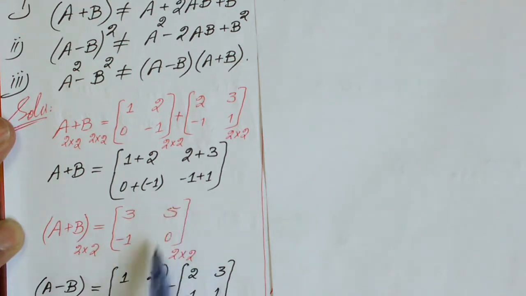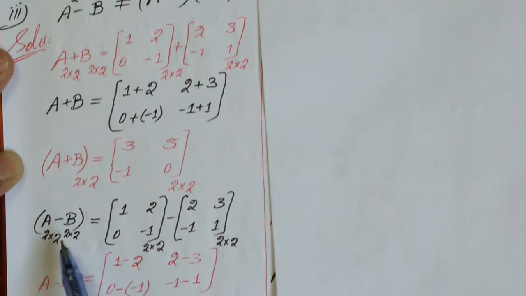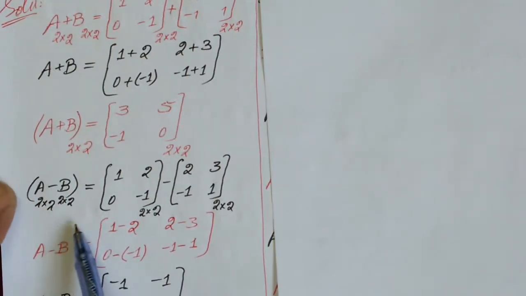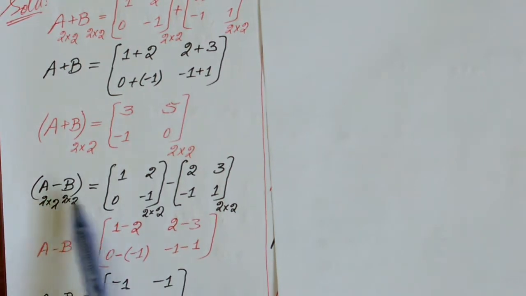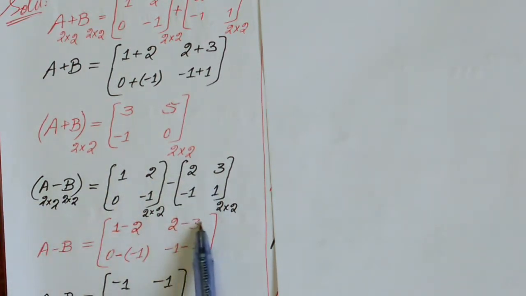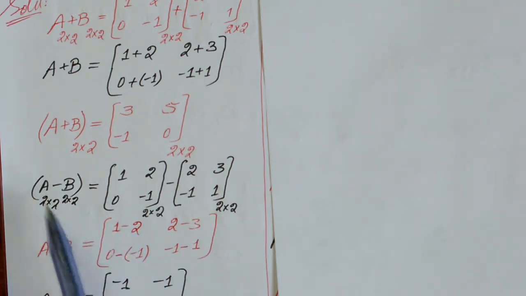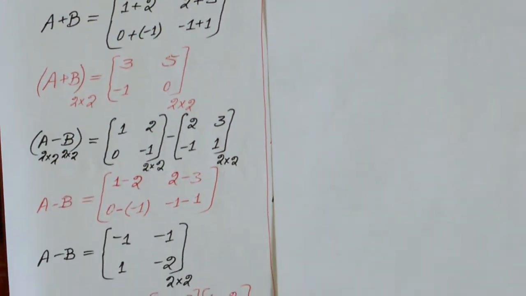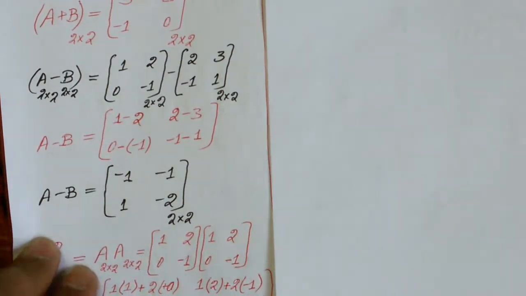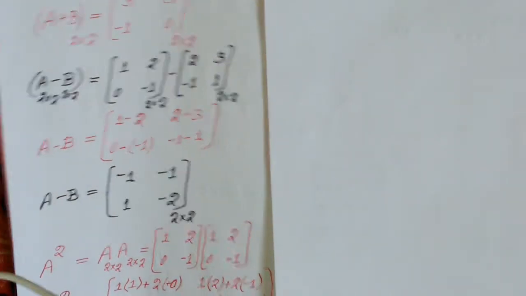minus 1 and 0. Now to calculate A minus B, the matrix A minus the matrix B. The subtraction of matrices is possible only when the order of these matrices is the same.